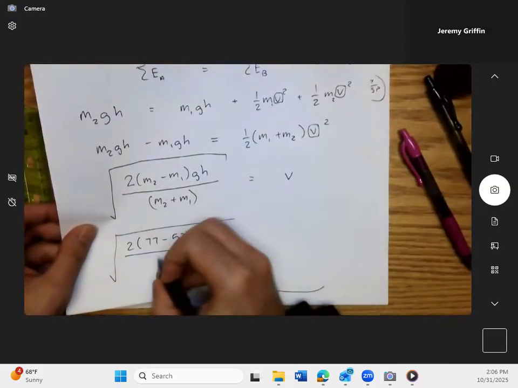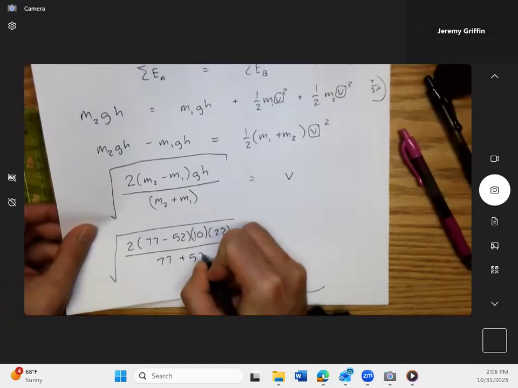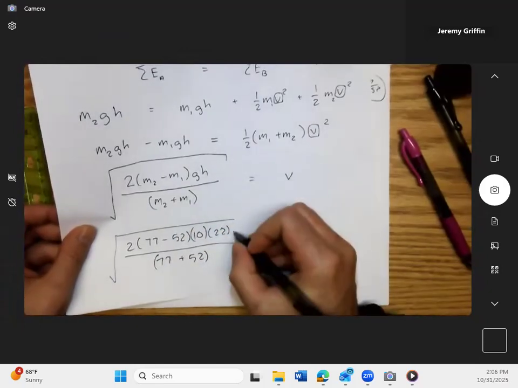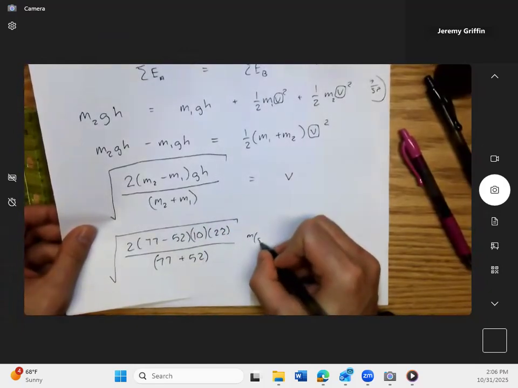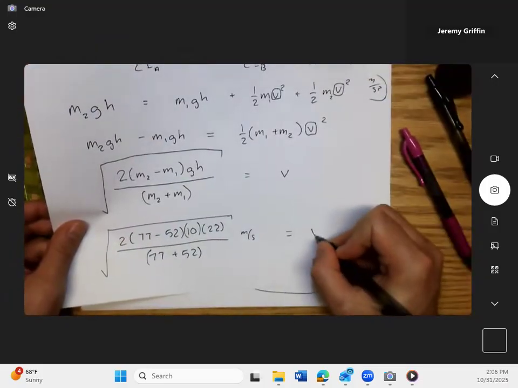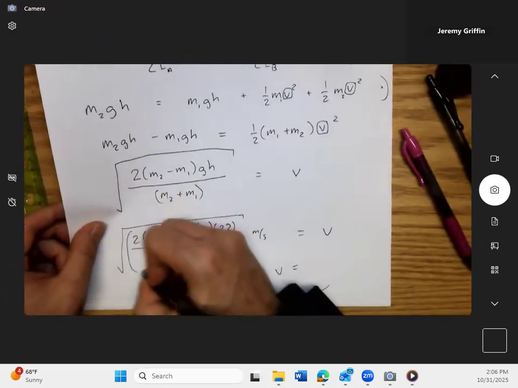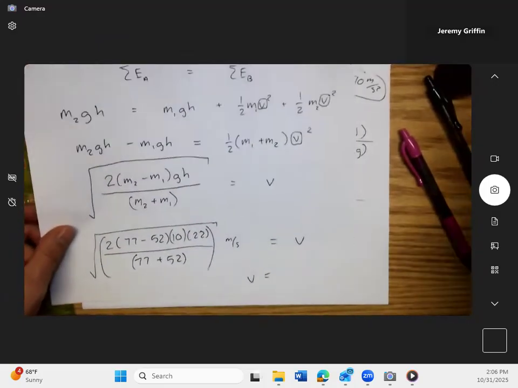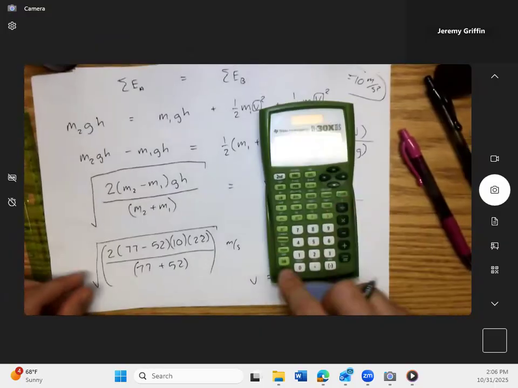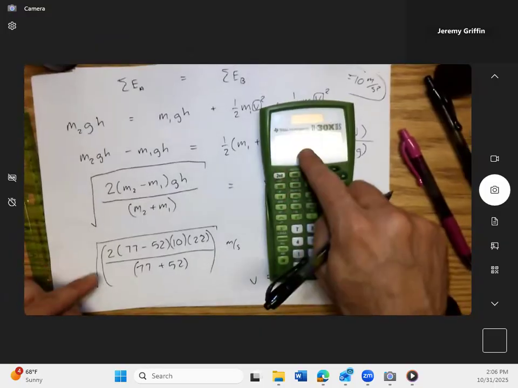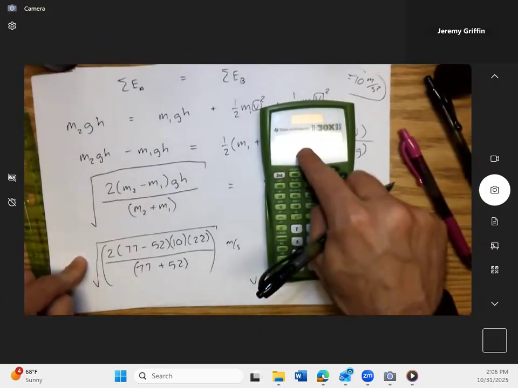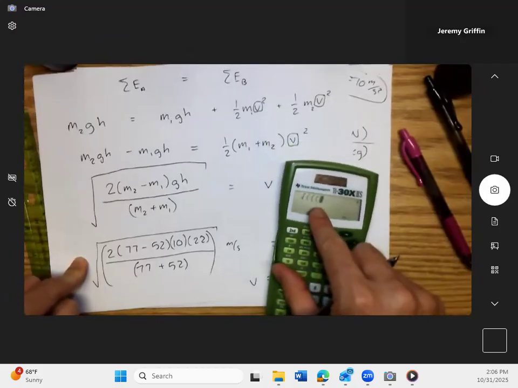This is all over 77 plus 52. All those have units attached to them, but this is going to be meters per second, isn't it? Equals v. So v equals, all right, well, what is all this? Moment of truth. We're going to see if physics is all self-consistent. So square root, there's a bunch of stuff rooted, so I'm going to open up an excess of parentheses right here.